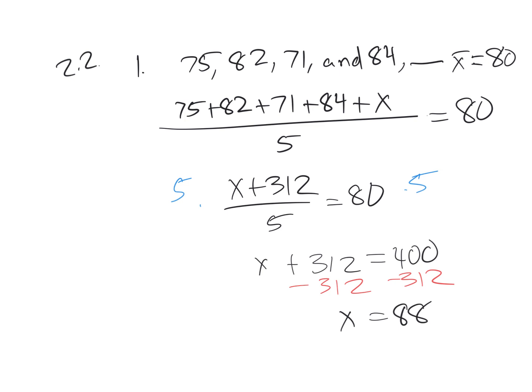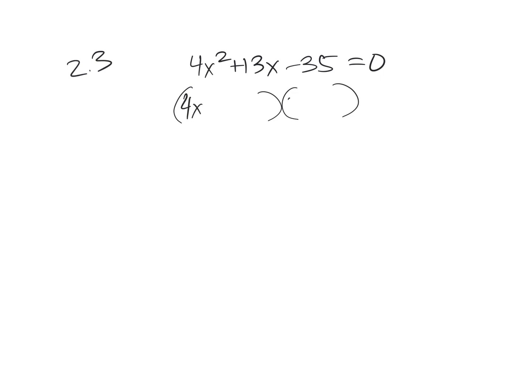Now let's go to section 3. Let's do 3 problems from here. 4x squared plus 13x minus 35 equals 0. Solve for x by factoring, please. Okay. 4x and x, and 5 and 7, because that's 7 and that's 20.